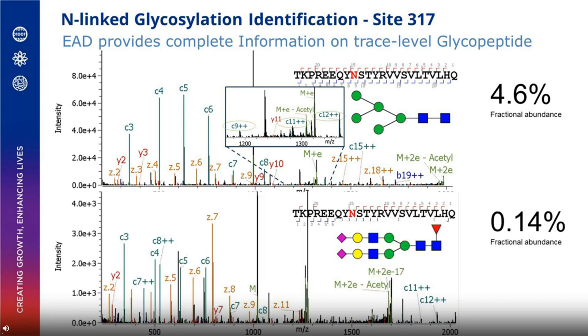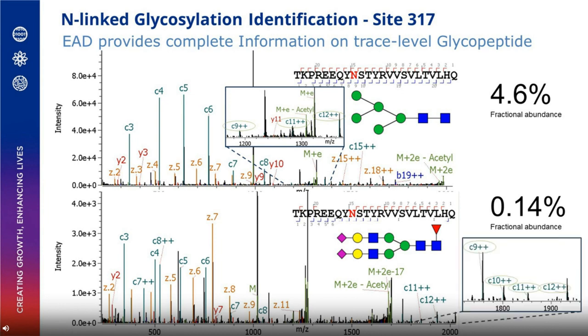The lower spectrum shows that even at a lower fractional abundance of 0.014%, we are still able to confidently identify the N-glycan site from the C series ions of C10, 11, and 12. The instrument provides excellent spectrum quality, even for this trace amount of glycopeptide with symmetric branching glycans with 2 sialic acid substitutions at the terminals.